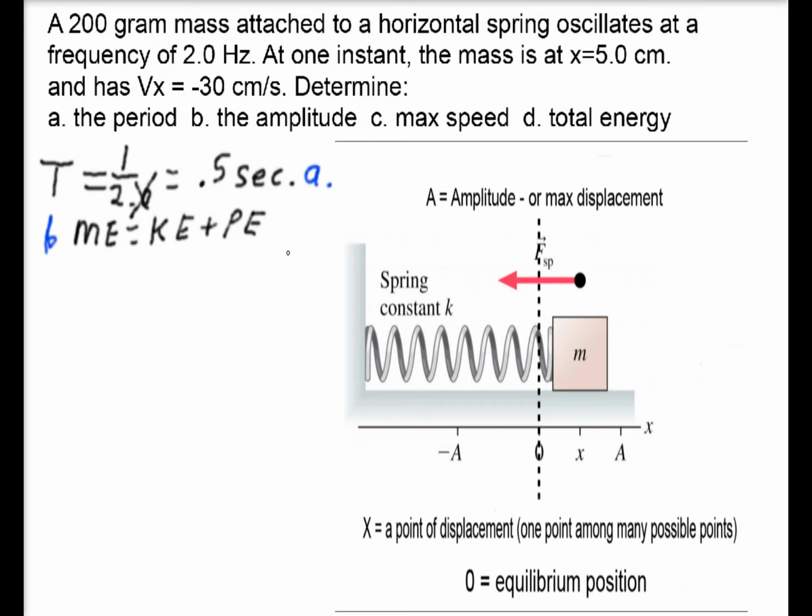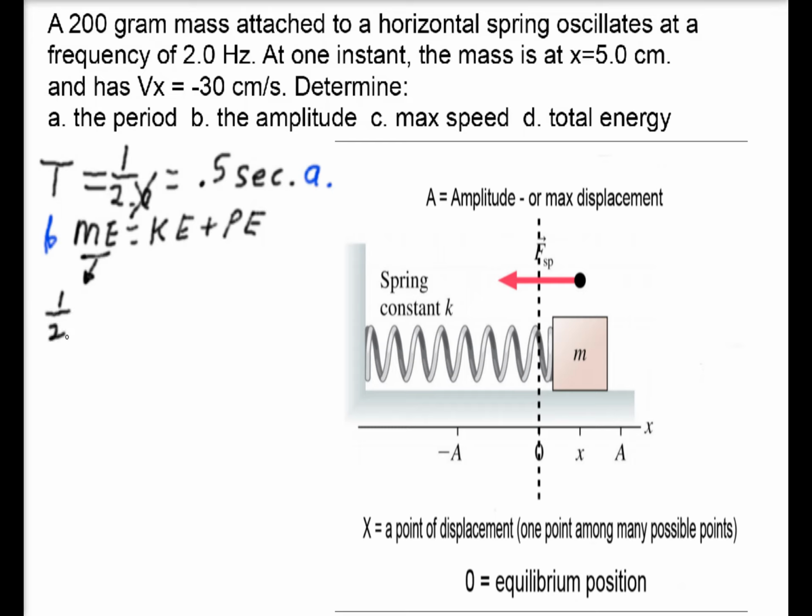Since this is a horizontal spring, the potential energy is the elastic potential energy, not the gravitational potential energy. This is where we're going to get the amplitude from.